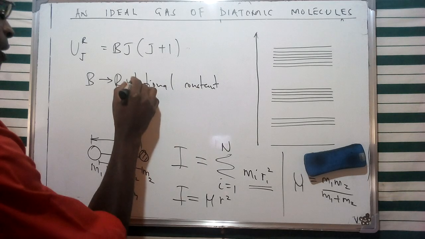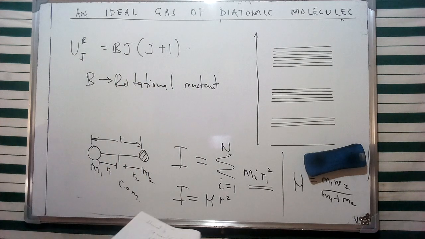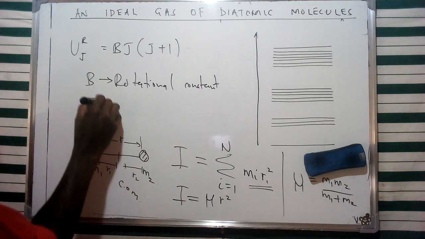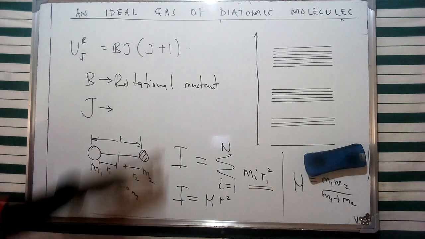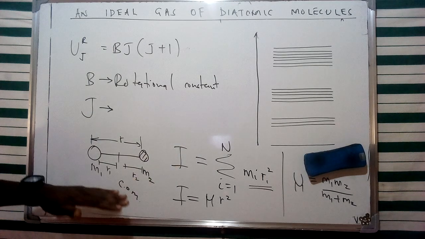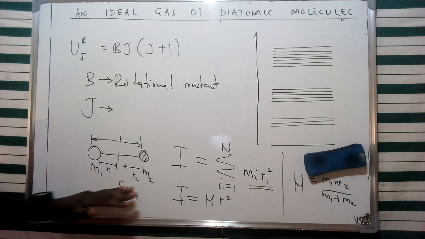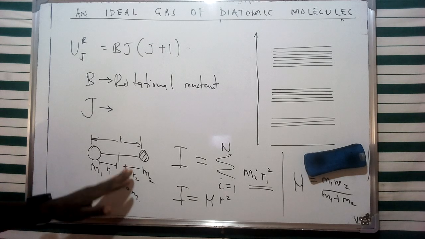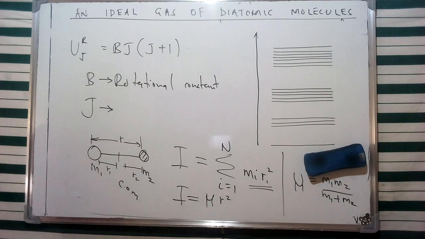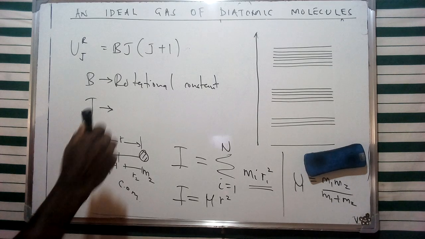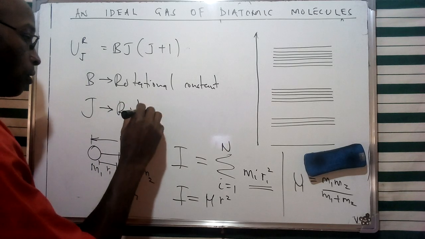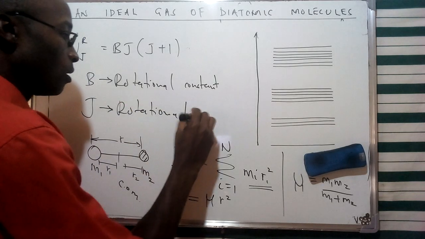So this is a rotational constant, and then we're going to have this aspect of J. Now in this case, for considering this rotational constant, we're going to assume this heteronuclear diatomic molecule to be a rigid rotor with a fixed bond length. Therefore, this is going to be applicable in that respect. And we can have this J, which is a rotational quantum number.